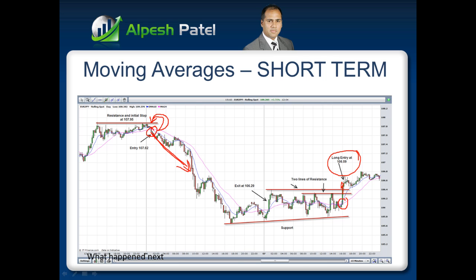Now we could look at any time frame which suits our work schedule. We could look at daily charts if we only want to get very few signals because we're busy at work, or we could look at 5-minute charts because we're in front of the computer and we've got all the time in the world. The 5-minute charts will obviously give us different signals to the daily charts, but they all allow the opportunity for profit.